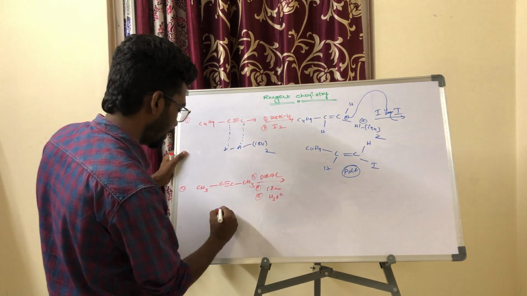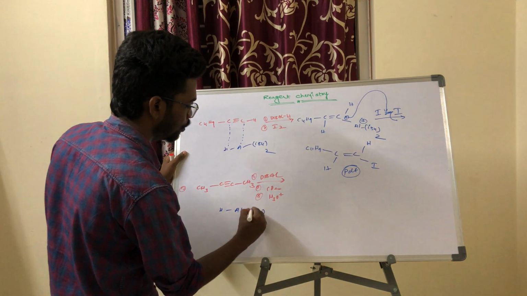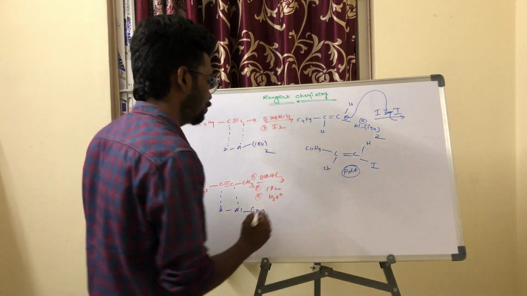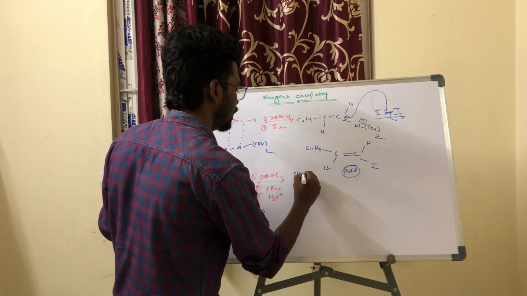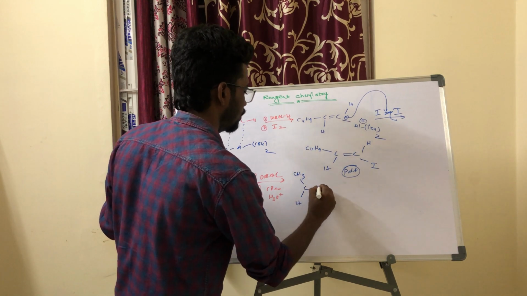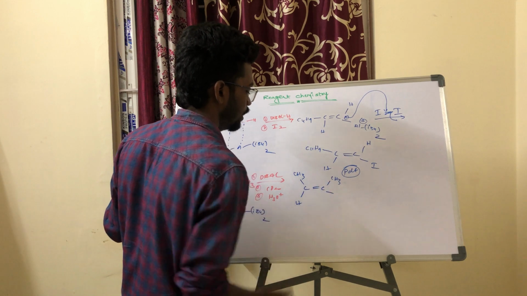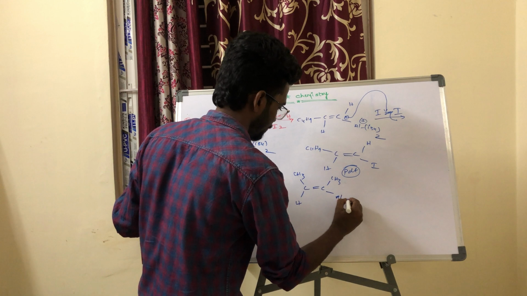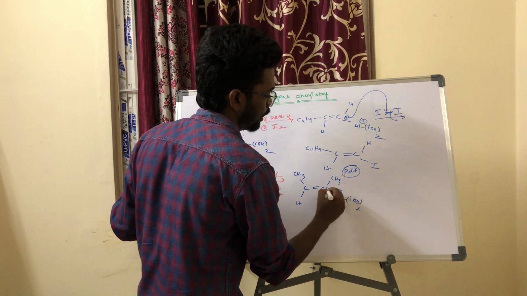If you write it the same way so you can understand, iBu2: it attacks at this place and at this place. So you will get CH3 C H, here H, C double bond CH3, and here you will take one aluminium iBu2. Here you have a positive and negative charge, right?